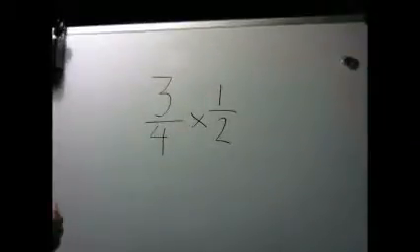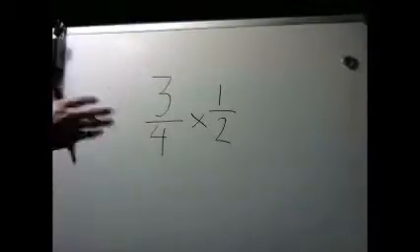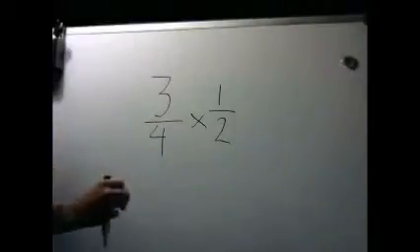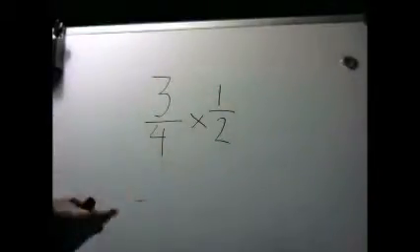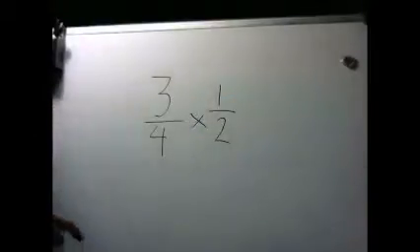Okay, so now that we've looked at addition, let's move on to multiplication. Now, unlike addition and subtraction, when it comes to fractions, we're going to do a completely different way to solve this problem. Instead of finding a common denominator and adding across the top, or subtracting if it's subtraction, what we're going to do is just simply multiply across.